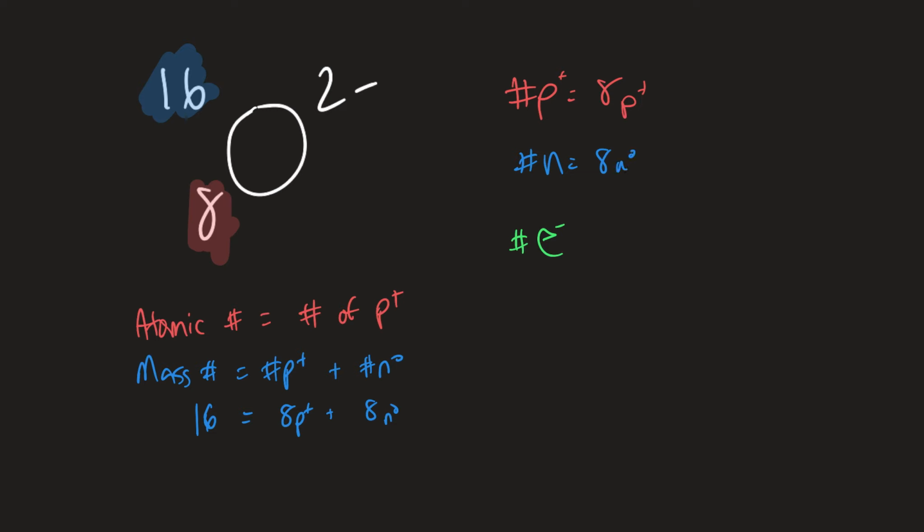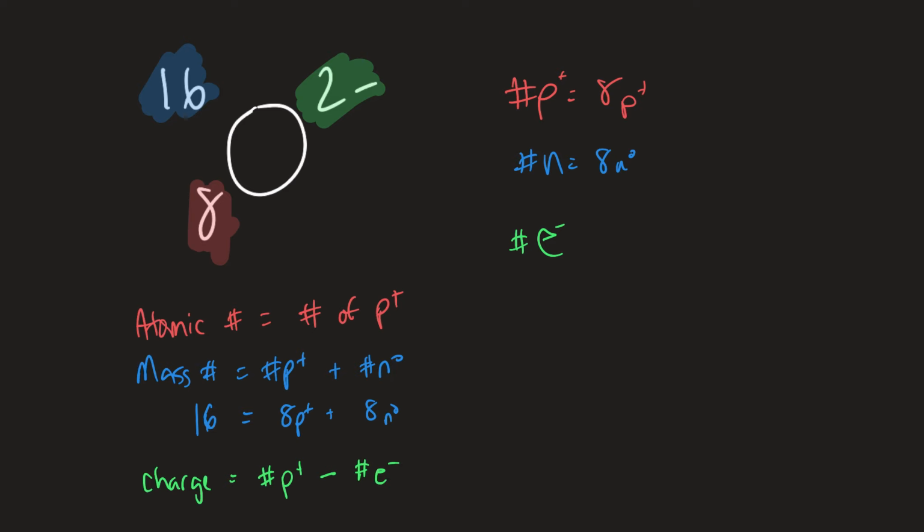Now, last but not least, we need to figure out how many electrons we have, and for that we could use the charge. Here's the charge in this case, and we note that the charge is -2. Now, remember, we talked about this a little bit earlier, that your charge is equal to your number of protons minus your number of electrons.